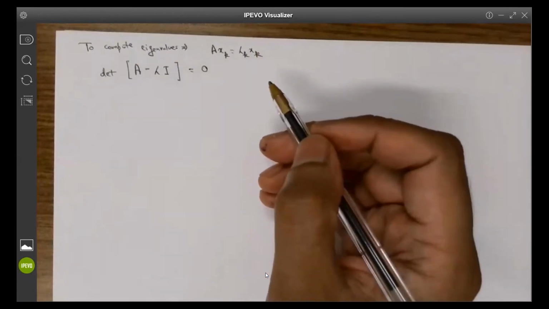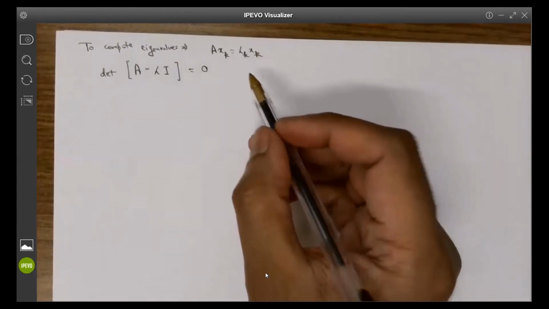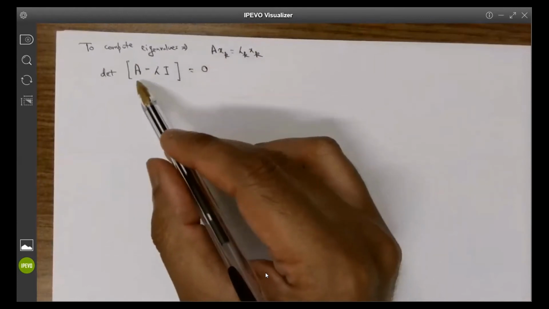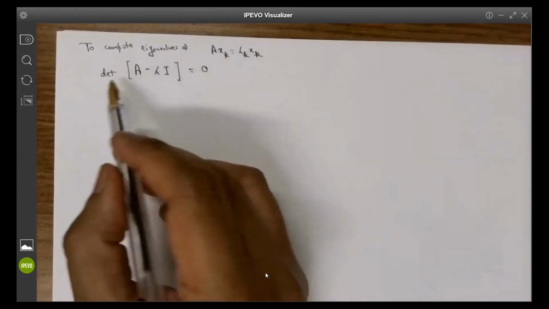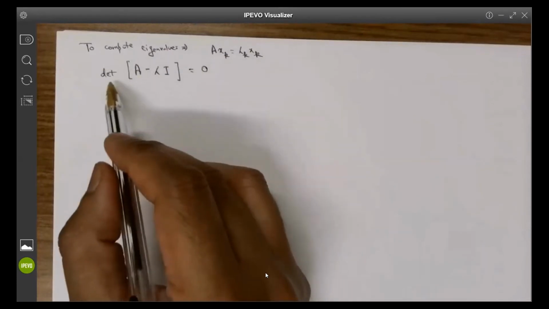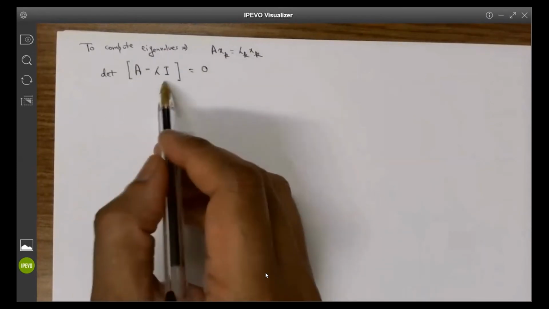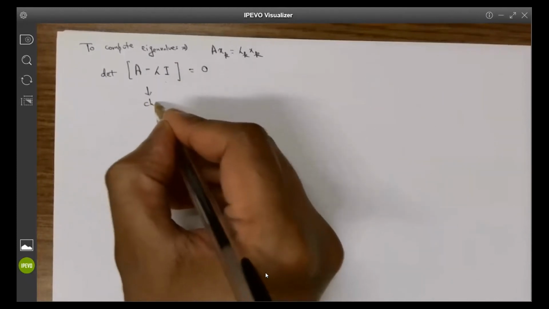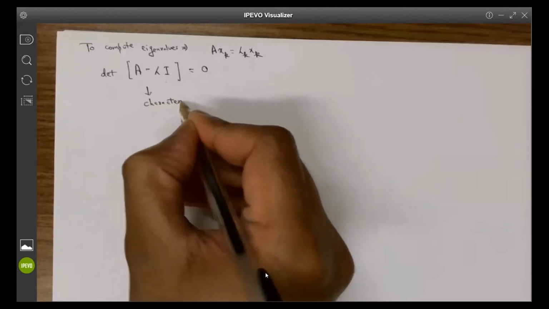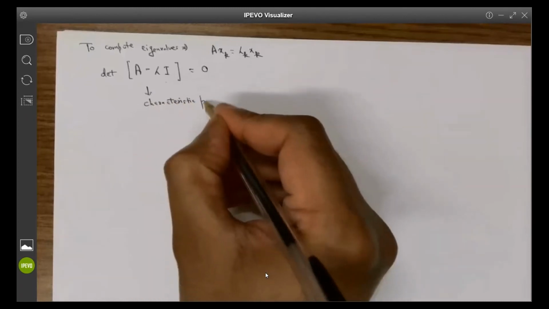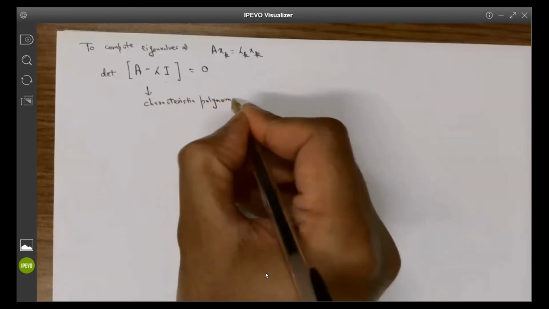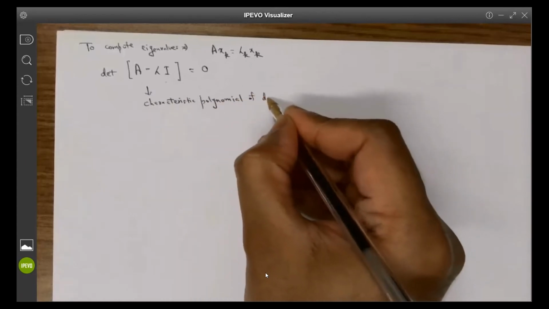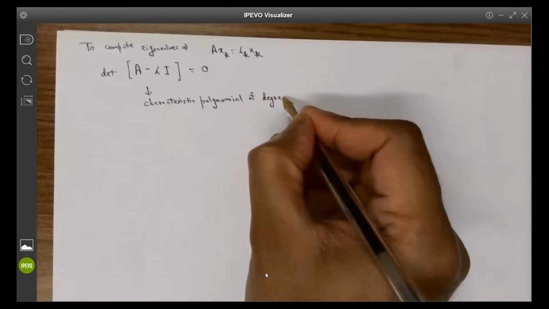We are trying to find the eigenvalues by making the determinant of this system equal to 0. That gives us a characteristic polynomial of degree n.